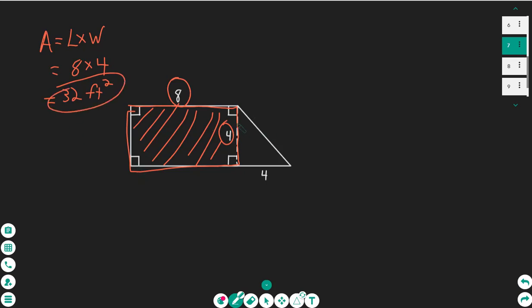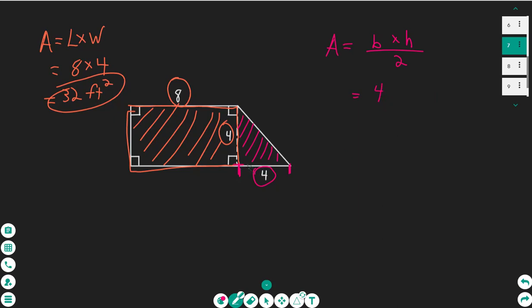Now we need to figure out the triangle portion, this area. So what's our formula for the area of a triangle? That's area equals base times height divided by 2. All right, so what's our base? Our base is 4. That's the length from here to here. What's our height?